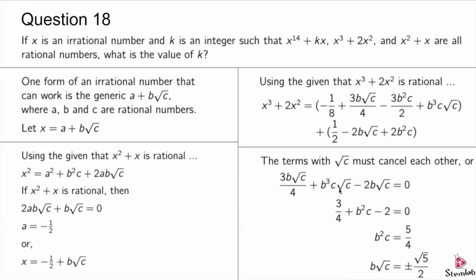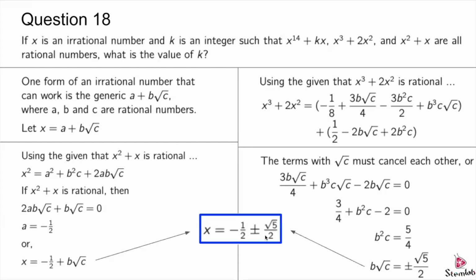Again, some manipulation, canceling out or dividing by root c and b, we end up that b squared c is just 5/4. Taking the square root of both sides, we have b root c is actually plus or minus square root of 5 over 2. Okay, so our whole expression for x is already found, which is x can be equal to negative a half plus or minus square root of 5 over 2.